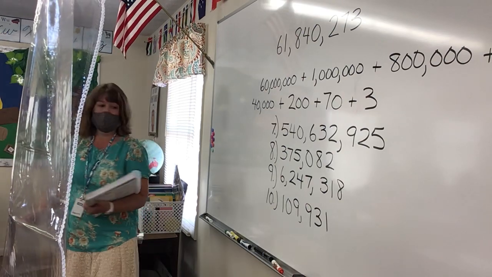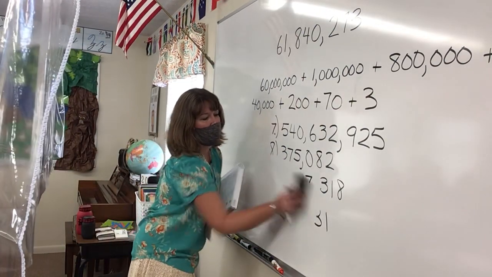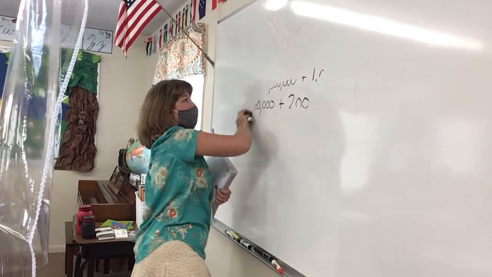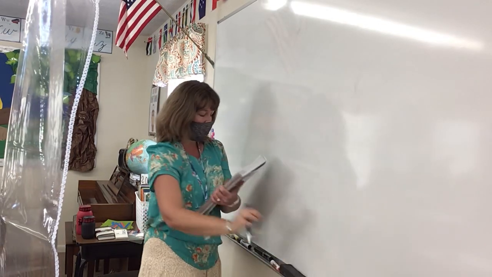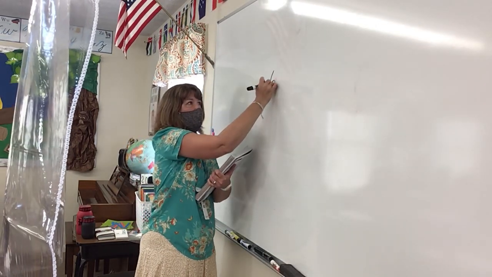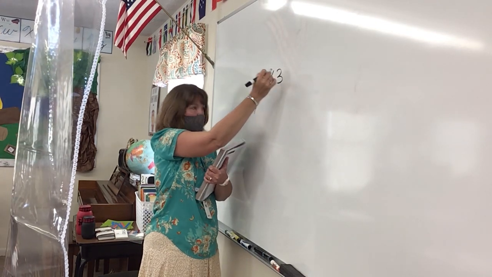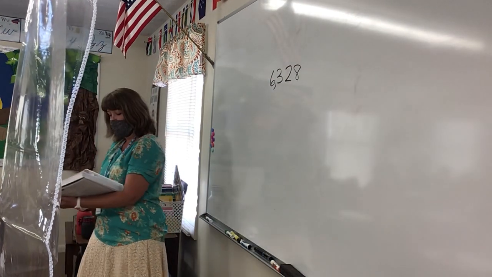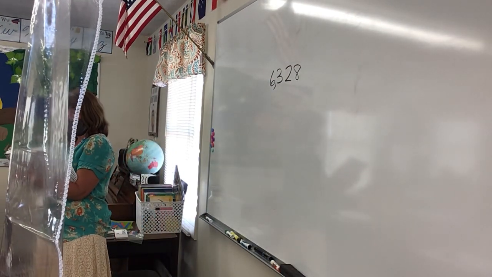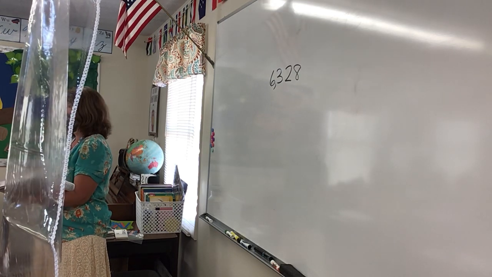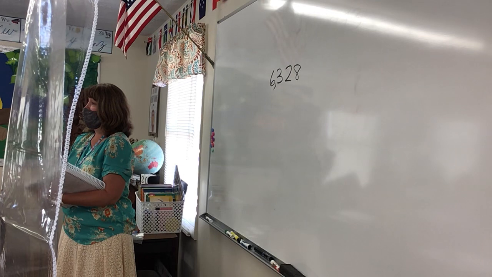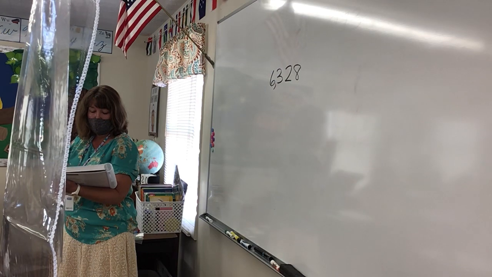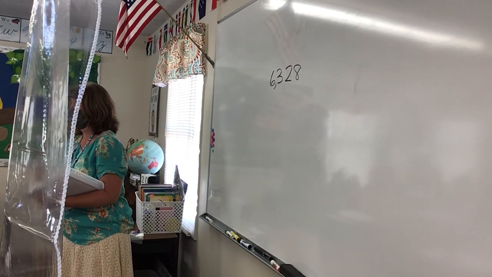You want to see why we should put them in there? I'll show you. Erase this. Because if I wrote that number without any zeros in it, my number would be 6328. So that's only 6,328. Is that the right number? No. My number is 603,028. So those zeros, even though they don't have a value, they're keeping all the other digits in their place, which is very important.